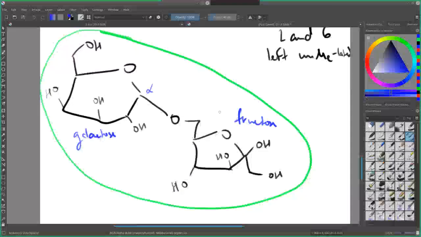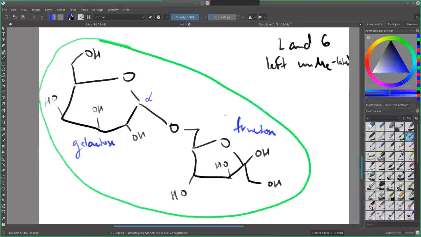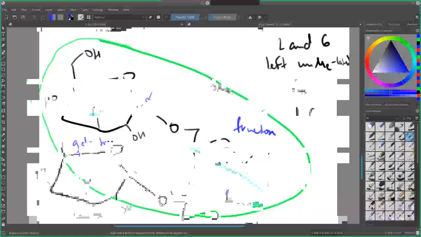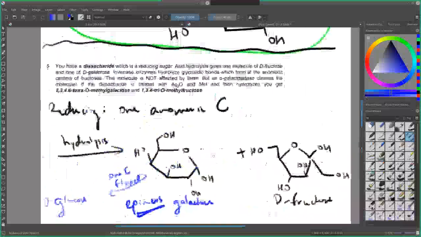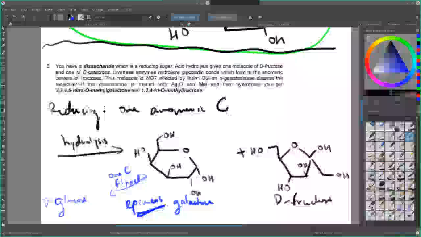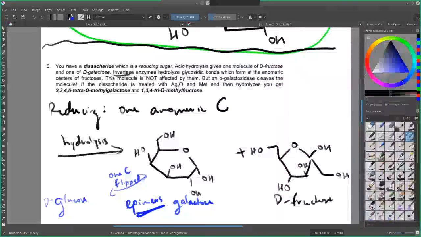Could you go over the reasoning behind the invertase again? Yeah. Let's go up here. Okay. So invertase enzymes hydrolyze glycosidic bonds which form at the anomeric centers of fructose, and this molecule is not affected by them.